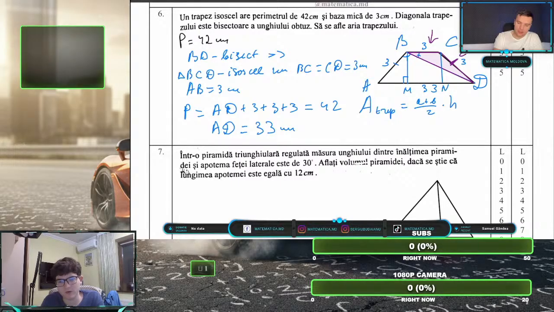And now the height. How do you know that? Well, if you just drag it down like this, I don't think it's a square, so you can split it somehow.